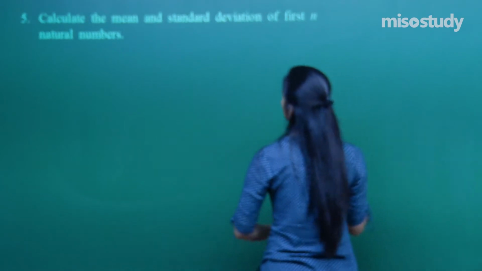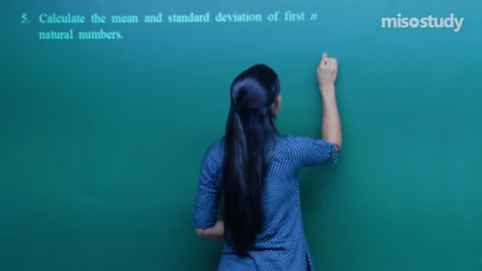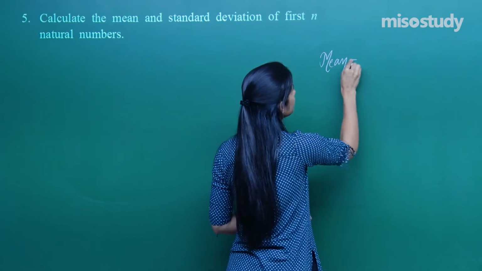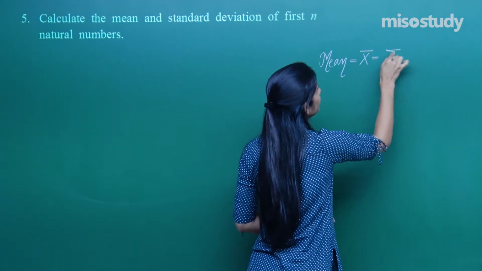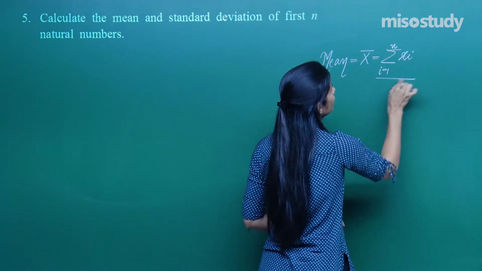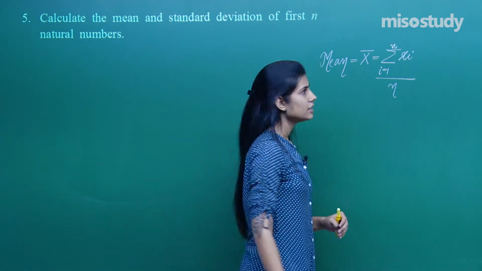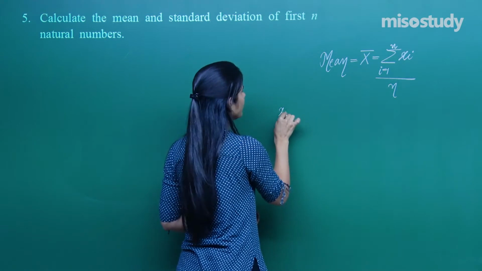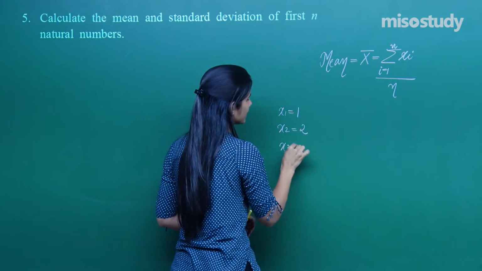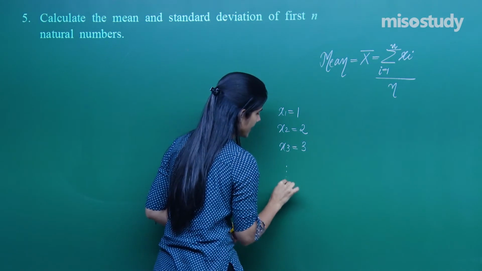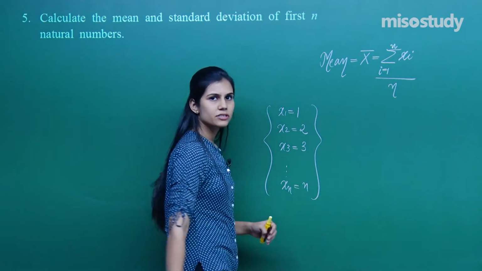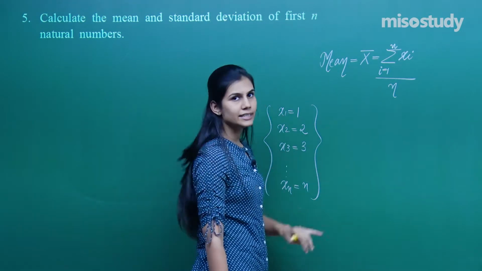When I am calculating the mean, x bar is given as summation xi, i running from 1 to n, whole upon n. Now x1 is 1, x2 is 2, x3 is 3, xn is n. These are my n individual observations, my ungrouped data whose mean I need to evaluate.